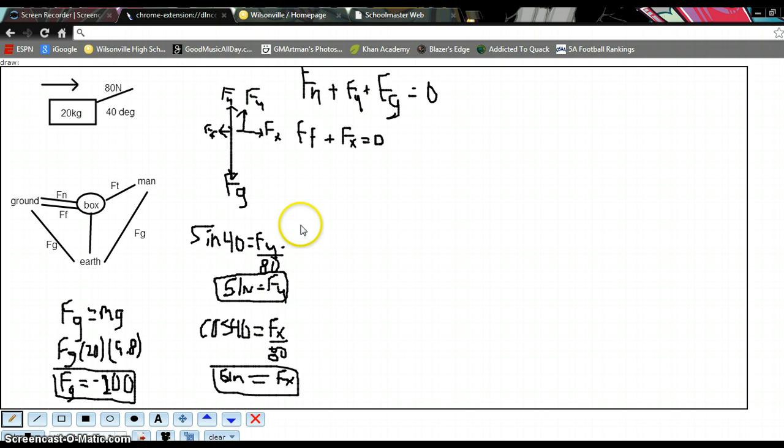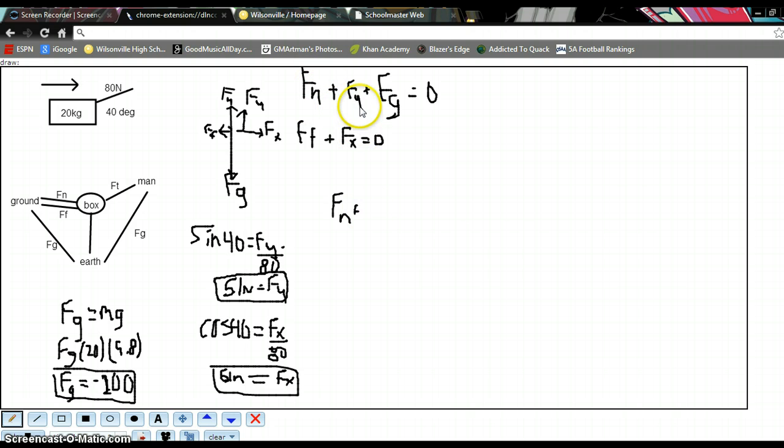And then you know that the normal force, I mean, you can use this equation to find your normal force because that's your unknown.